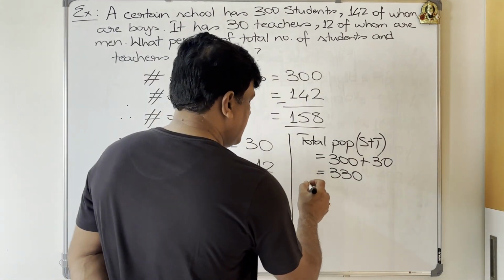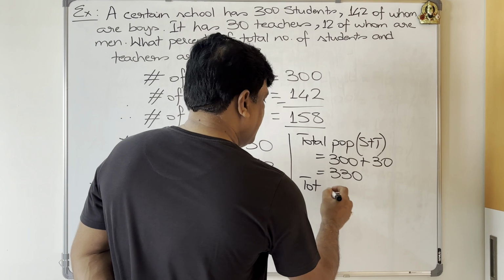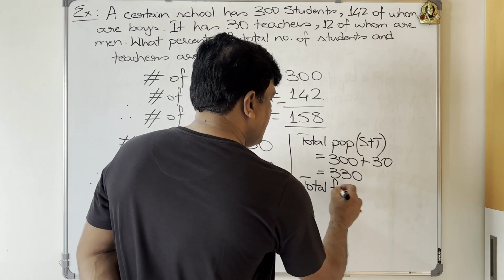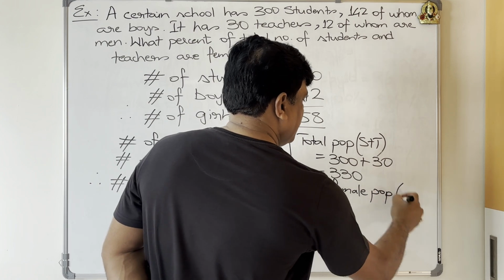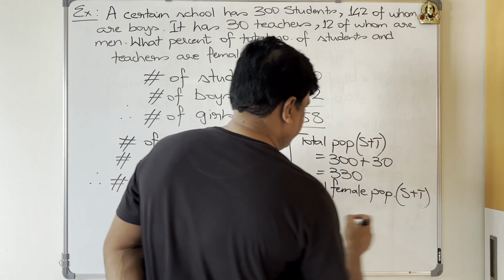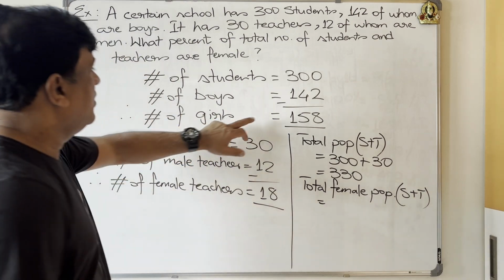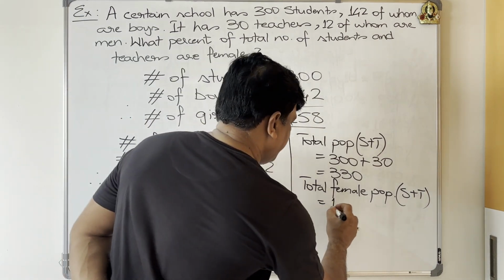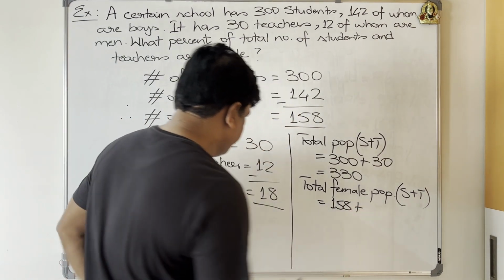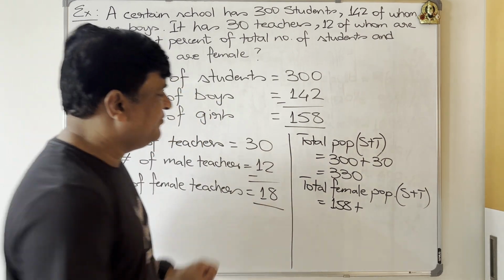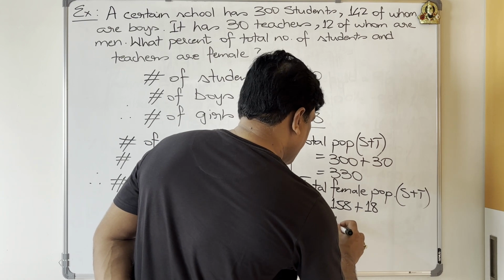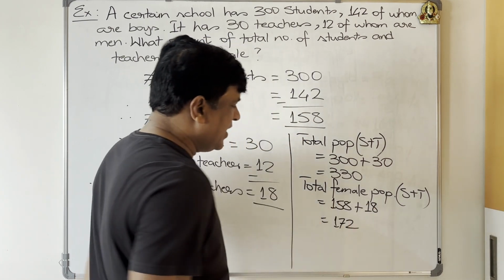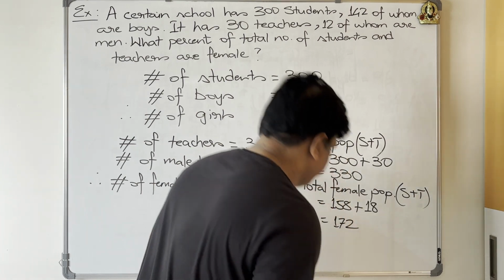In this one, total female population, students plus teachers, we have calculated it out. Total number of girls were 158 plus total number of female teachers are 18. So how much do you get here? This becomes 172, right? Oh, sorry, 176.